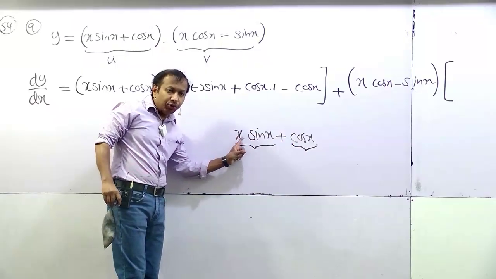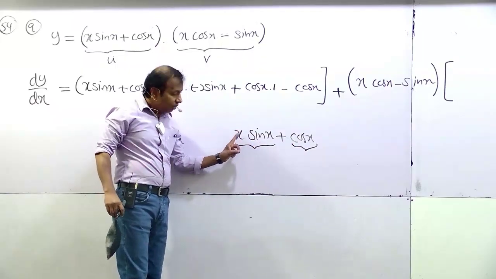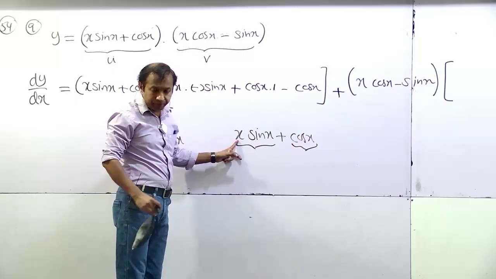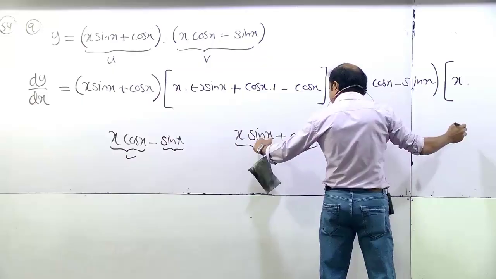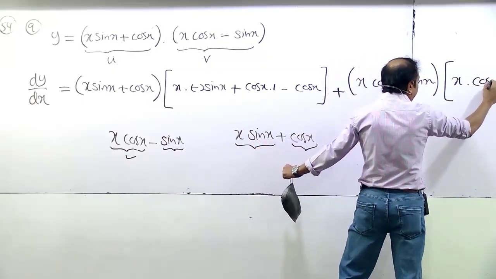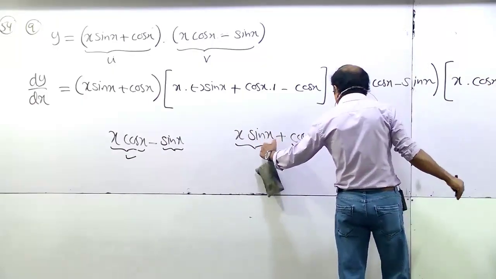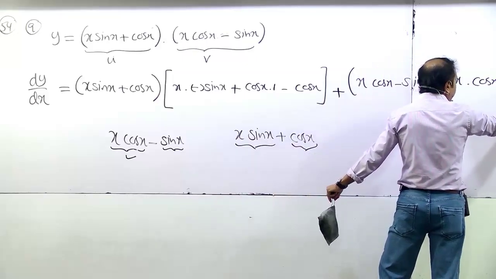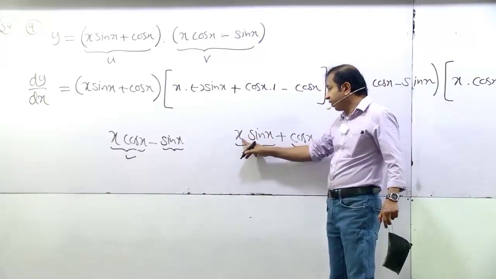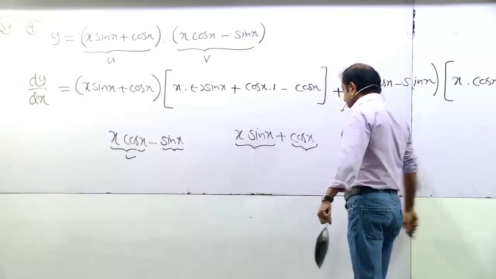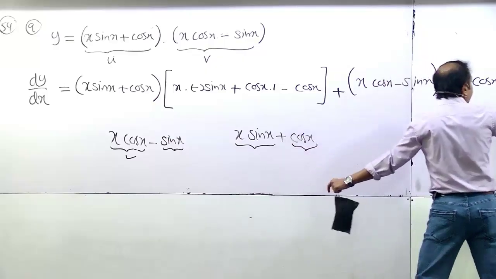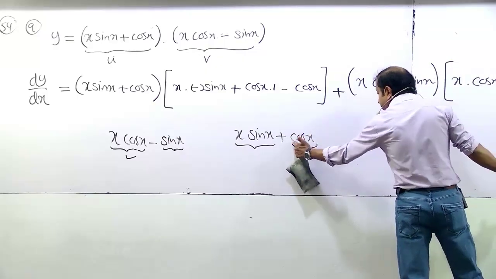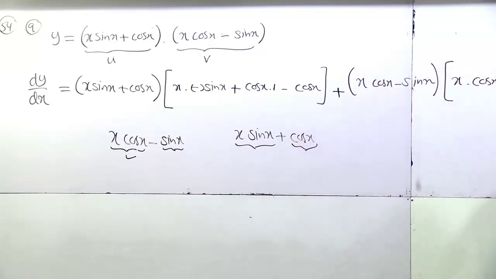Again apply the u into v form. x is u, keep the same, right. Derivative of sin x is cos x, plus the sin x function we keep the same. The derivative of x is what? 1. Plus sin x, derivative of cos x, what? Minus sin x, minus sin x.